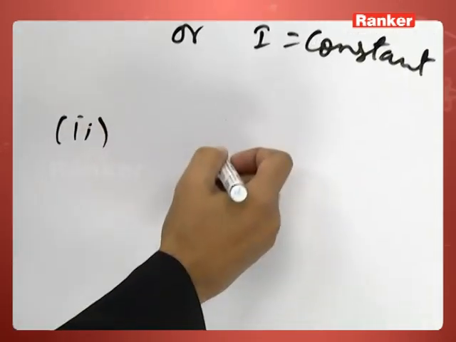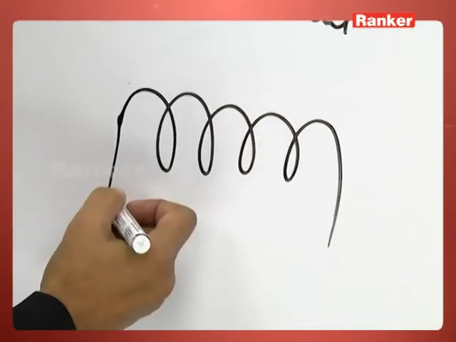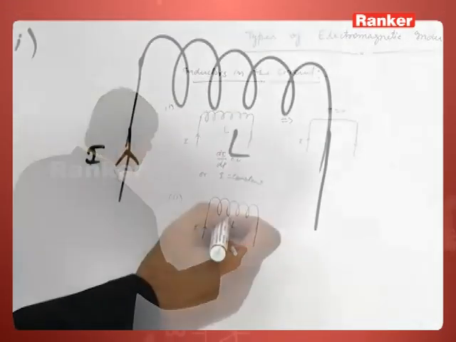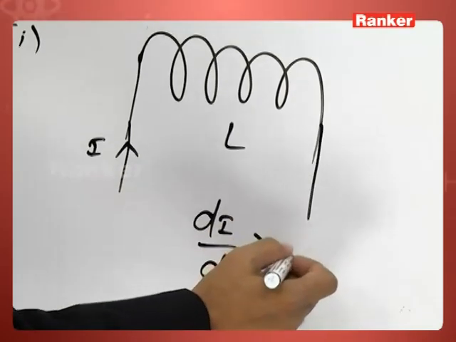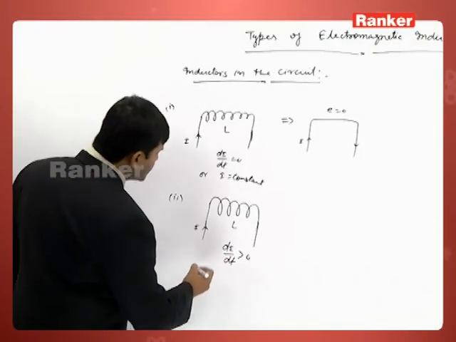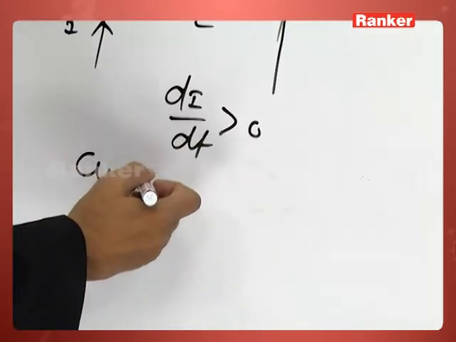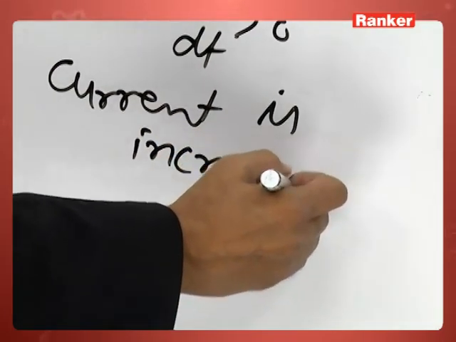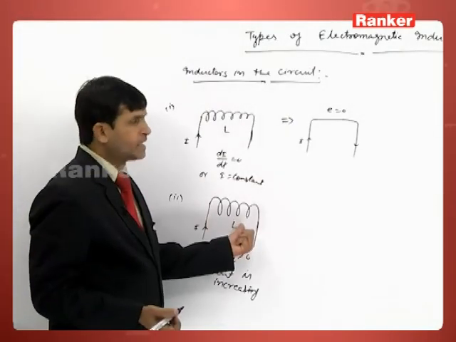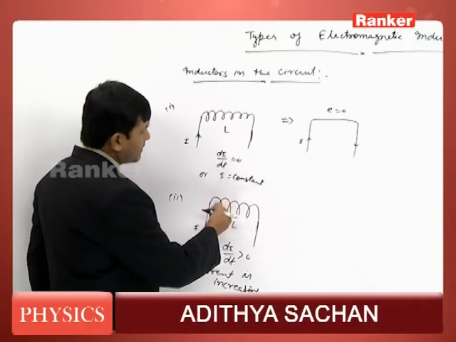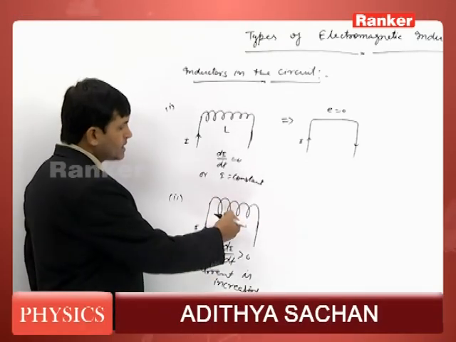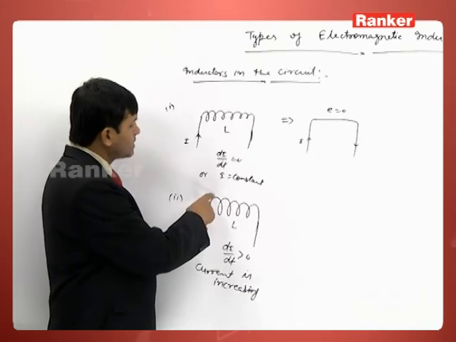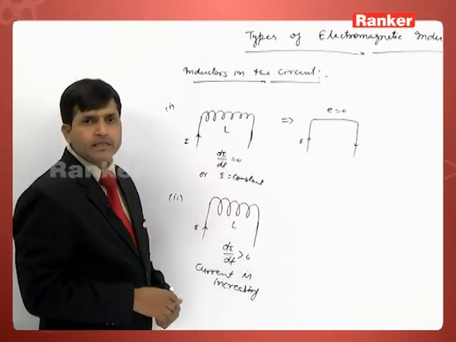Similarly, if the current is not constant, let I be the current, L the self-inductance, and di by dt greater than 0. That means the current is increasing. So the self flux through this coil will also increase, and EMF will develop. According to Lenz's law, the induced EMF will be such that it opposes the change in flux.